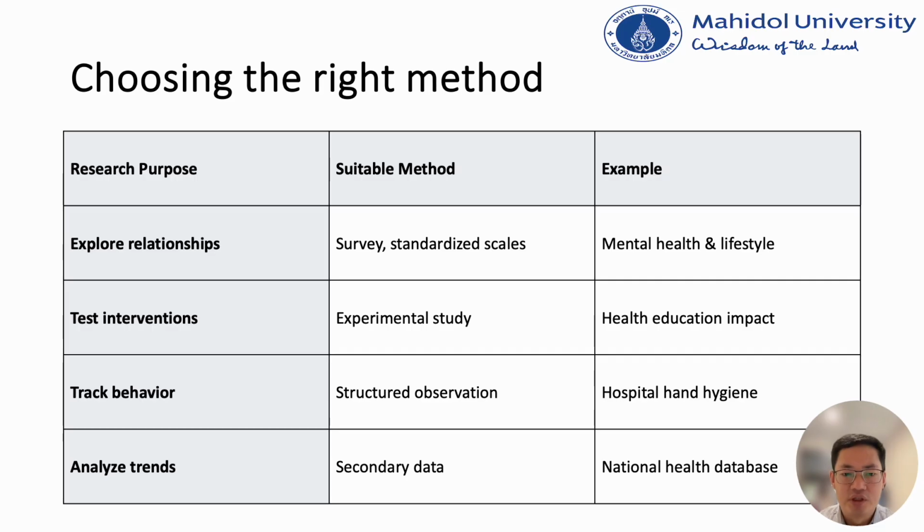If you want to observe real behaviors, like patient hand washing or classroom interaction, structured observation is more reliable than self-reports. And for analyzing trends or large populations, secondary data like national surveys is both efficient and cost-effective. Picking the right method ensures your data is accurate, relevant, and aligned with your research goals.